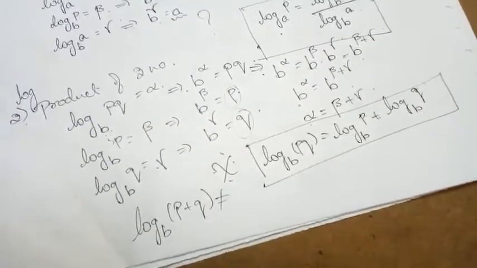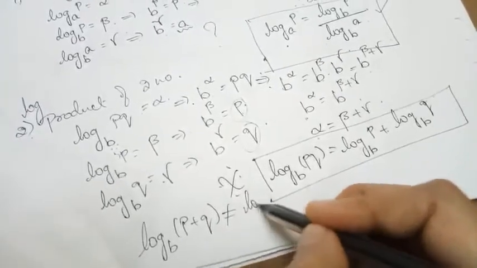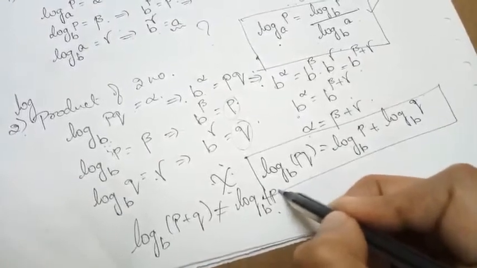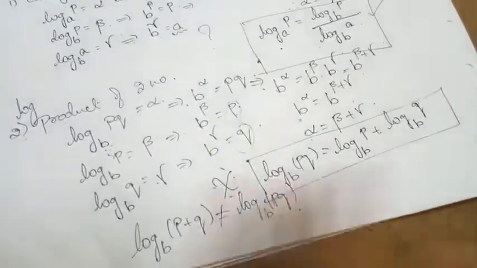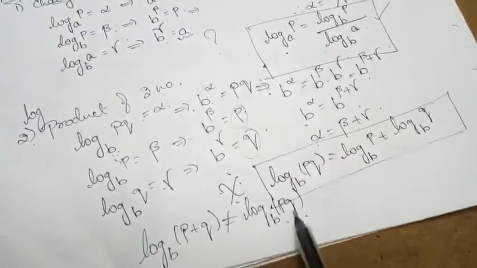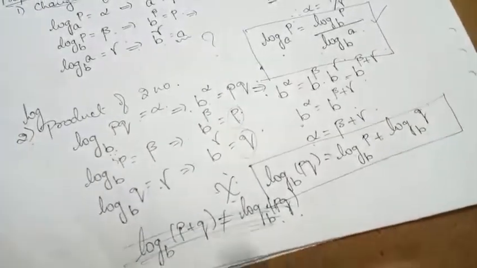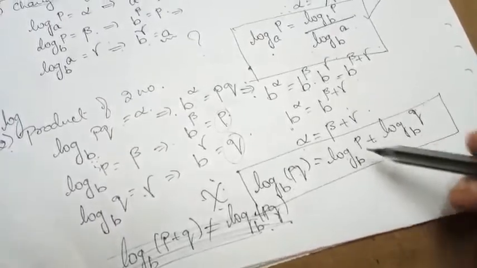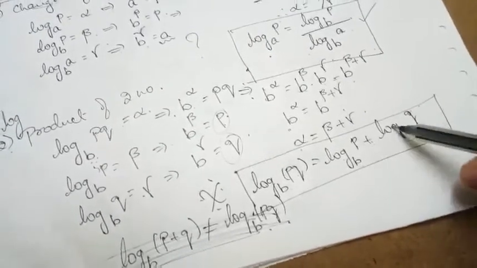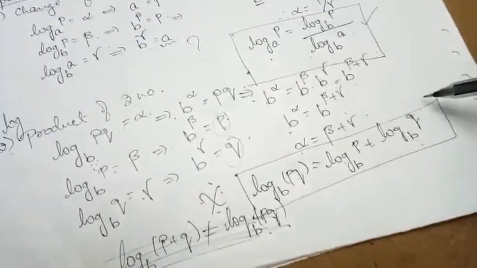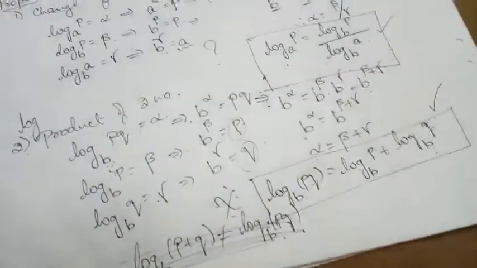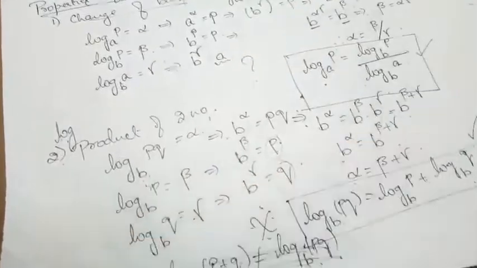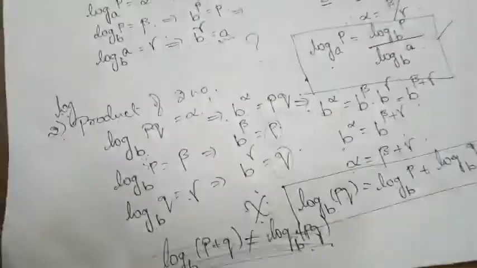This is not at all equal to log base b of pq. So don't get confused with this one. Remember that log base b of pq is equal to log base b of p plus log base b of q. So this is the second property, the property of the logarithmic product of two numbers.